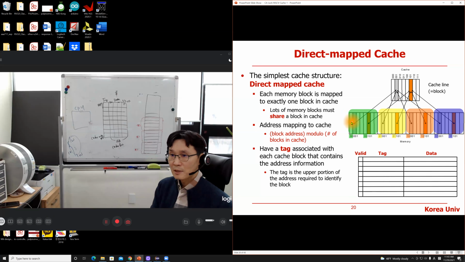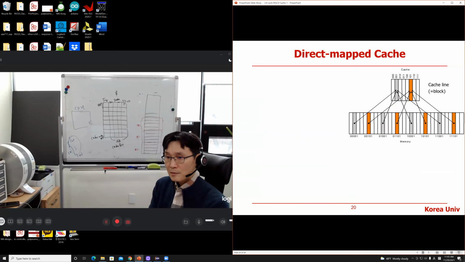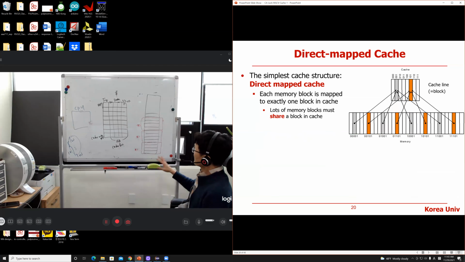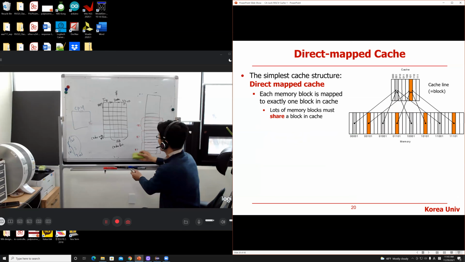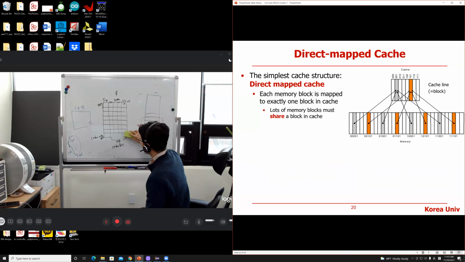It's so crowded, so I cannot draw many memory blocks. I want to draw many different memory blocks, so let me change the picture.